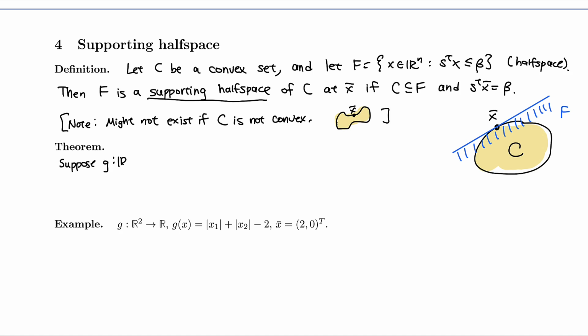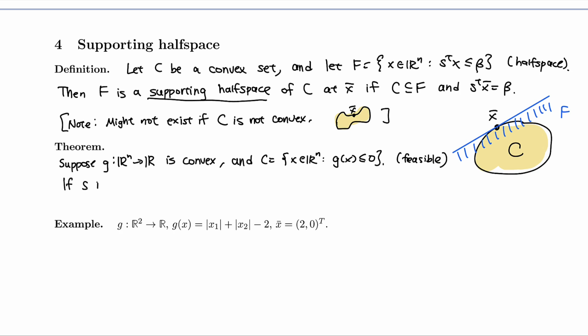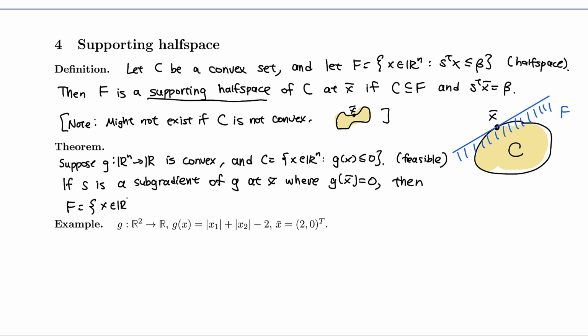Suppose that g is a convex function, and C consists of points where g of x is at most 0, meaning it is feasible for our NLP. If s is a subgradient of g at x bar, where g of x bar is 0, then the half space F, defined by s transpose (x minus x bar) is at most 0, is a supporting half space of C at x bar.